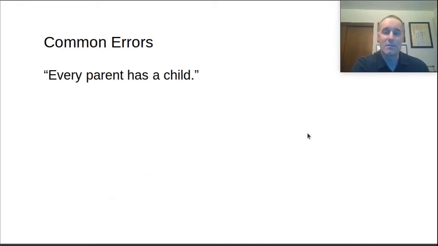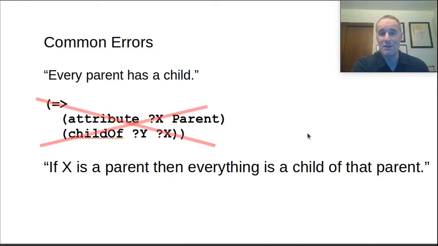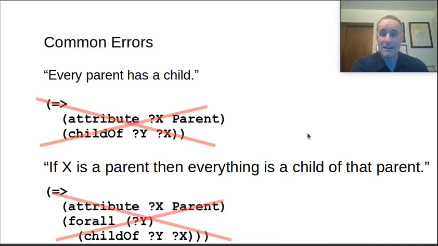So let's also look at some common errors now once we've got these basic building blocks. Say we want to formalize every parent has a child. We might go about formalizing it this way, and let me just quickly cross that out because it's not correct. Right? What this says is that if X is a parent, then everything in the world is a child of that parent, because we haven't really said much about Y. What we've really said is the following, also wrong, and maybe it's a little clearer when you restore the explicit universal quantifier.